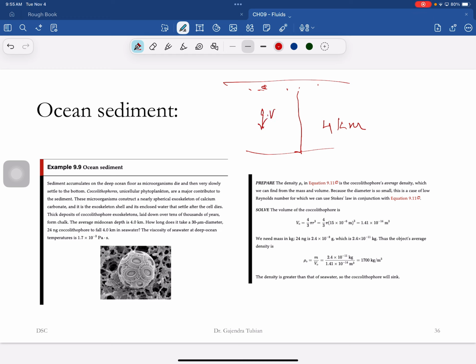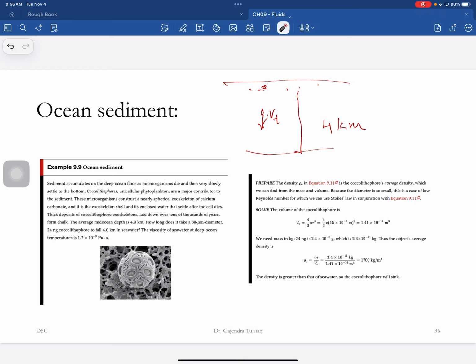So this problem goes through the calculation. They're 30 micrometers in diameter. And again, you don't have to know the details, you just have to have a sense for the answers. They have to fall 4 kilometers when they die to the sediment.